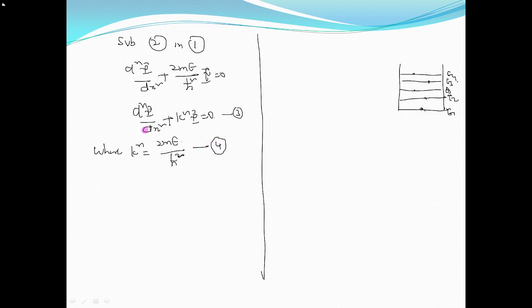Now this equation 3 is a second order differential equation. For this second order differential equation, I can directly write the solution.